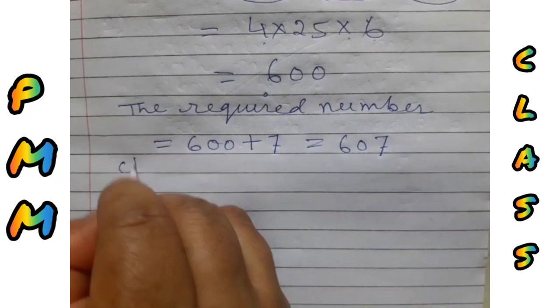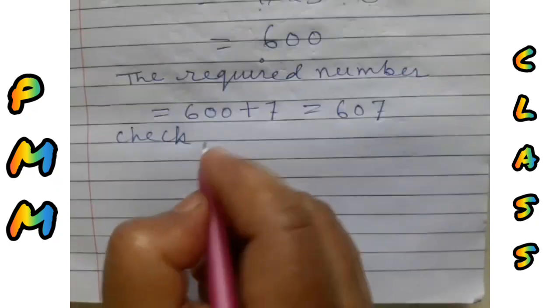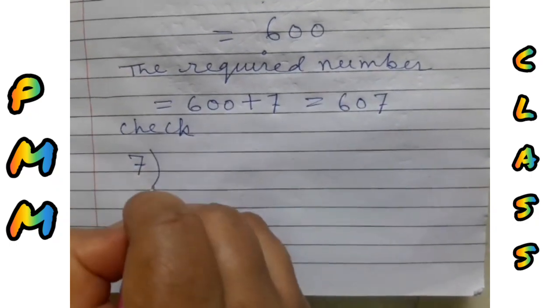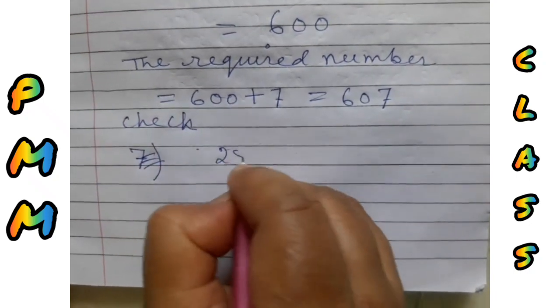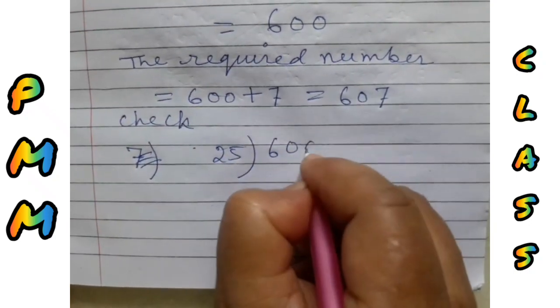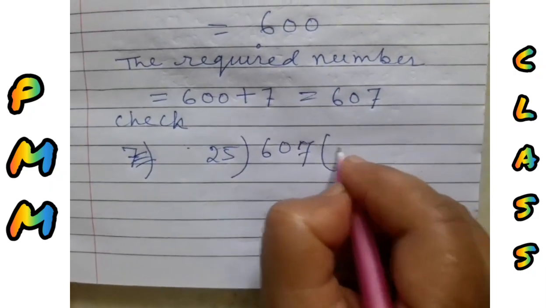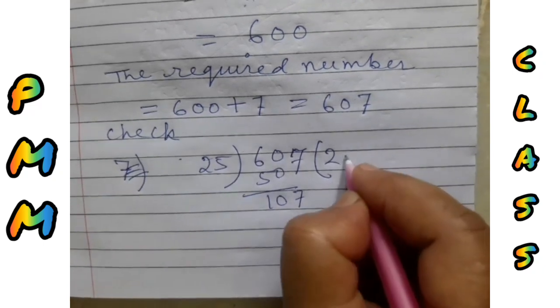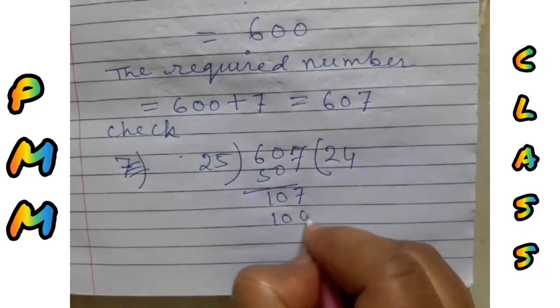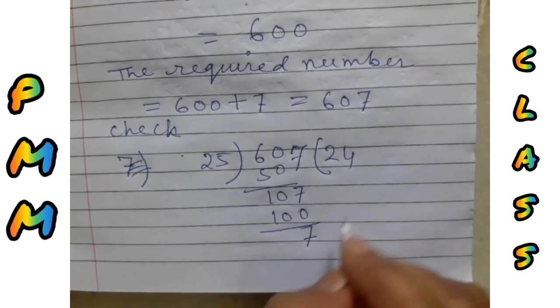Now check it. First number 25: 25 into 24 is 600, 607 minus 600 leaves 7.